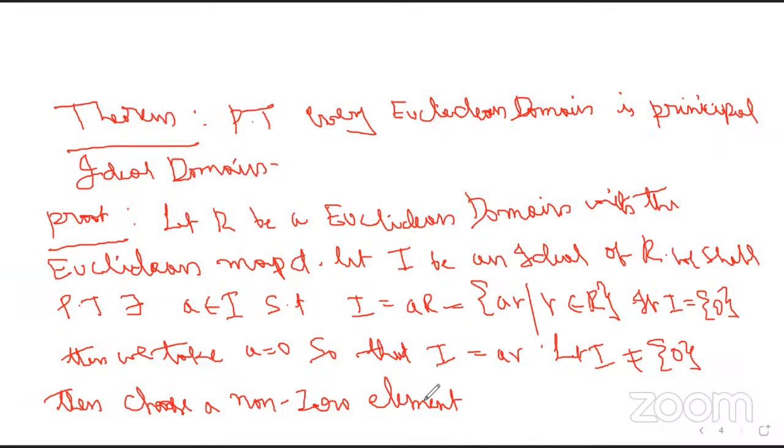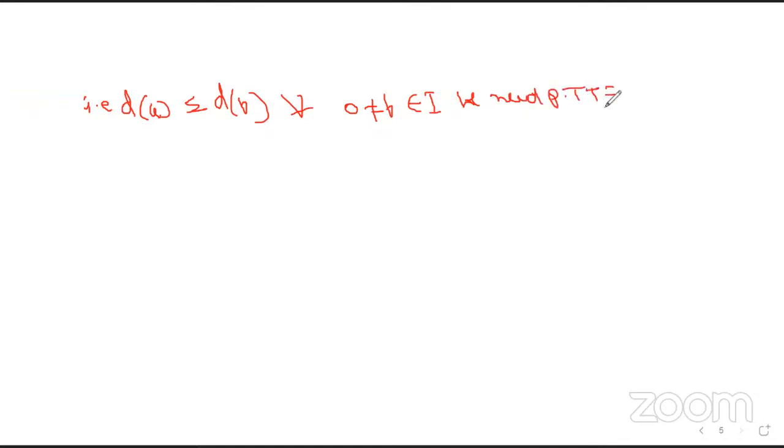Then choose a non-zero element A in I such that D of A is the least, that is, D of A is less than or equal to D of B for all 0 not equal to B in I. We shall prove that I equal to AR. We need to prove that.